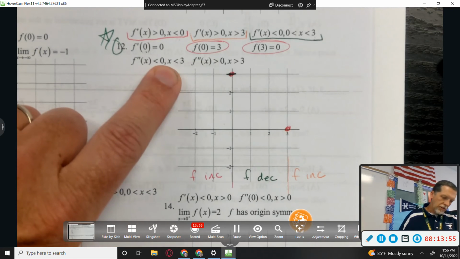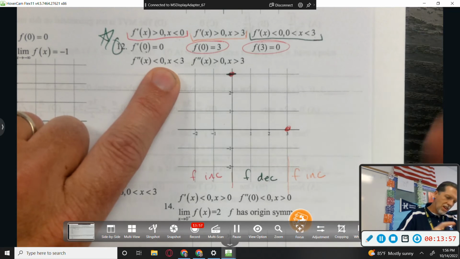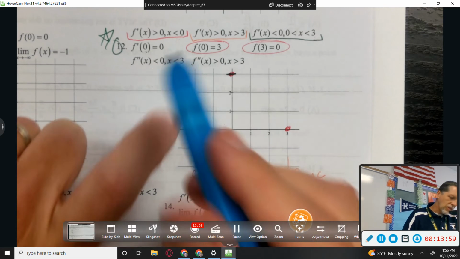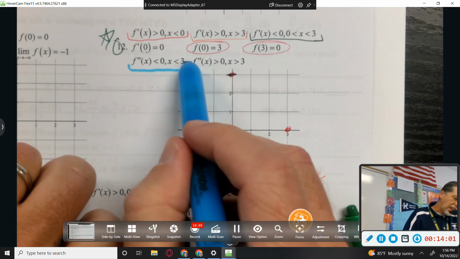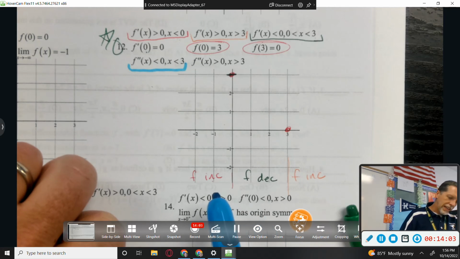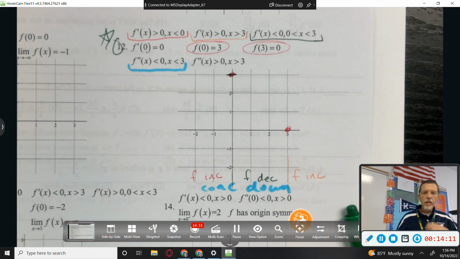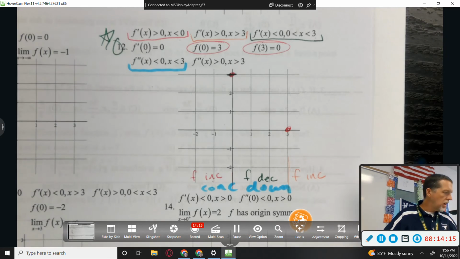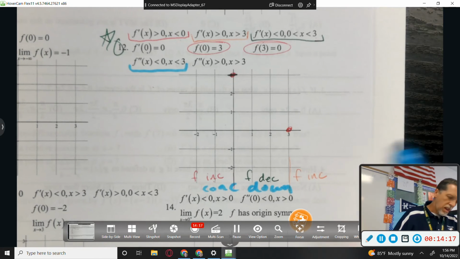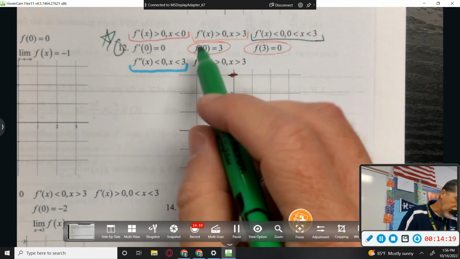Alright, when x is less than 3, the second derivative is negative. That means we're concave down all the way to 3. And then after 3, we're concave up.